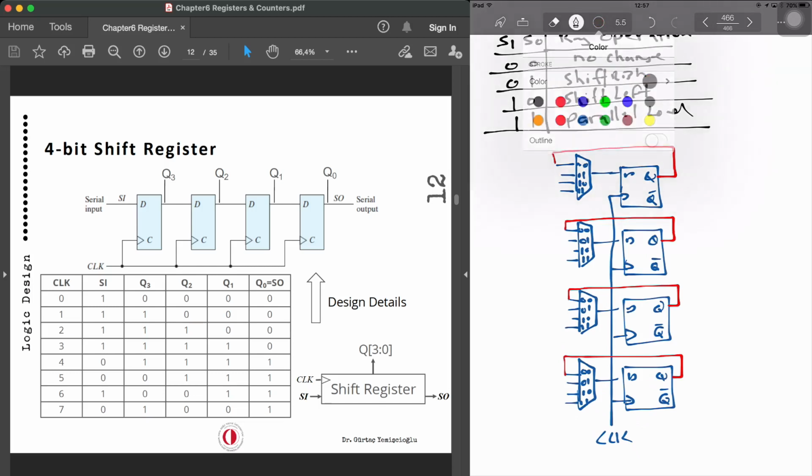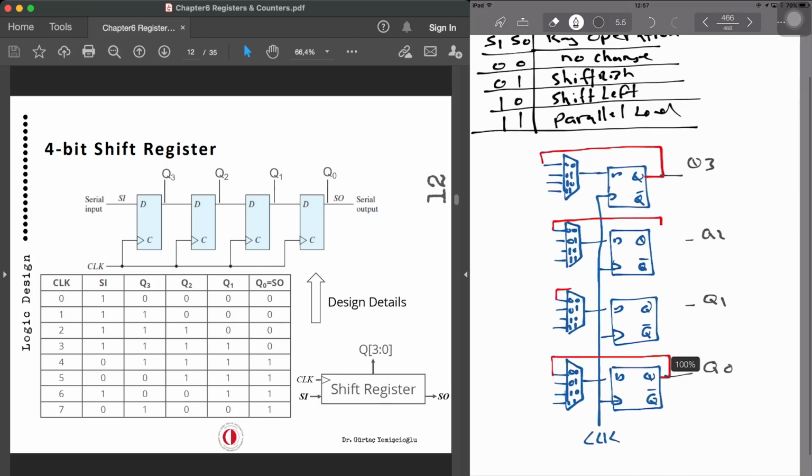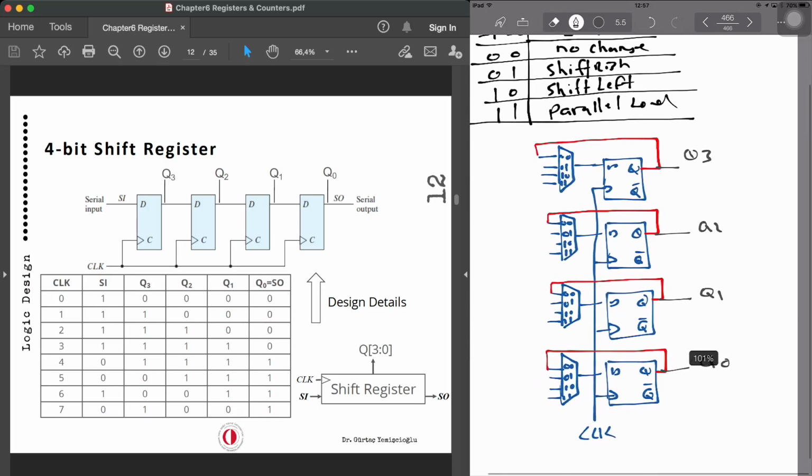Now, I'll say this is Q3, this is Q2, this is Q1, and this is Q0. So this is working in 3 down to 0. Right, so shift left and shift right. Shift left means, maybe I can demonstrate that here somewhere.